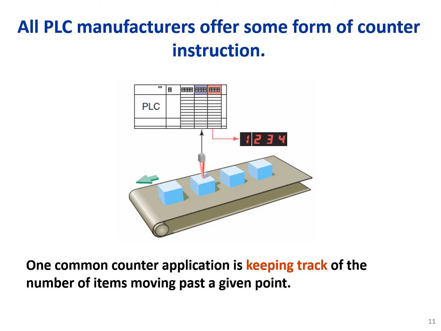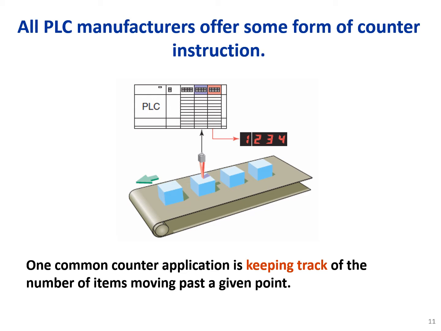All PLC manufacturers offer some form of counter instruction. One common counter application is keeping track of the number of items moving past a given point. So for example, here we have a proximity sensor, and that proximity sensor counts every item that passes by it.